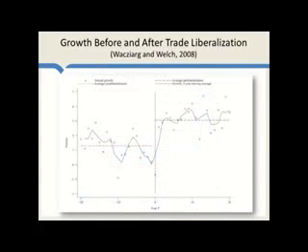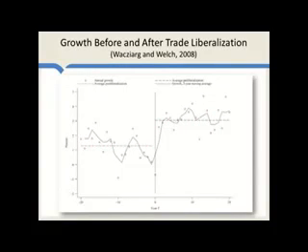Here from a paper by Wacziarg and Welch is a graph showing growth rates before and after major changes in trade liberalization. This is taken over 50 years or so from many different countries over different time periods. And what you see is that after liberalization, you see a much higher growth rate, in fact 1.5 percentage points higher than before liberalization.